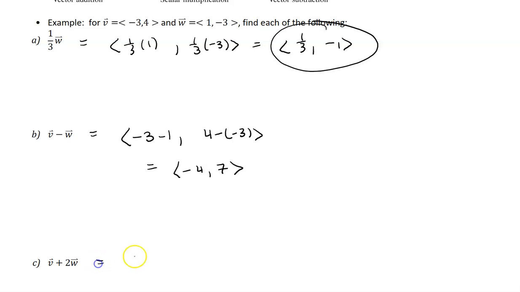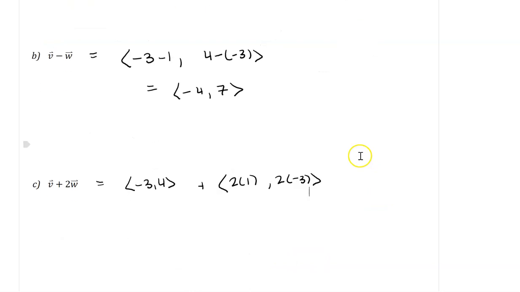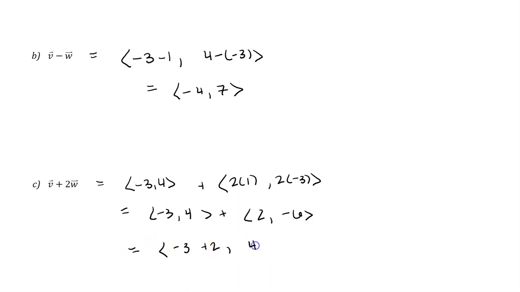And for this one, I would have v, which is -3, 4, plus 2w, which is going to be 2 times 1, 2 times -3. So that is -3, 4 plus 2, -6. And then I have -3 plus 2 and 4 plus -6, which gives me -1, -2.